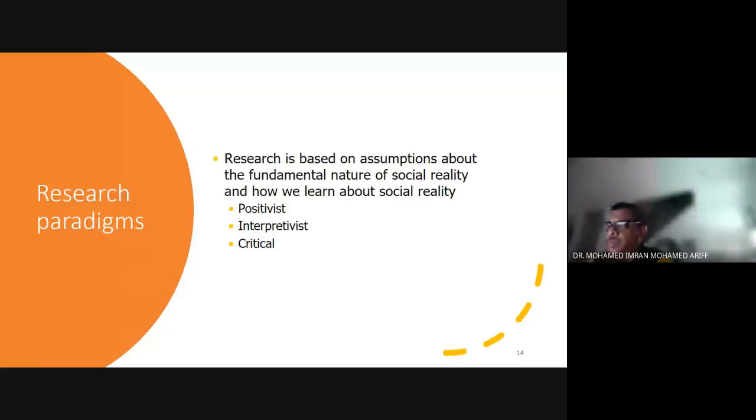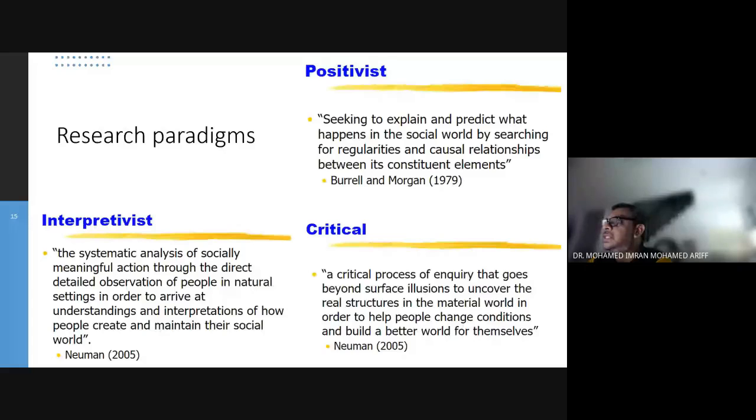Okay, secara asasnya untuk saya seorang yang positif. Okay, saya seorang positif kerana I seek to explain and predict what is happening in the social world by searching for regularities and causal relationship between constituent elements. So I look at numbers and I will try to explain from the numbers.